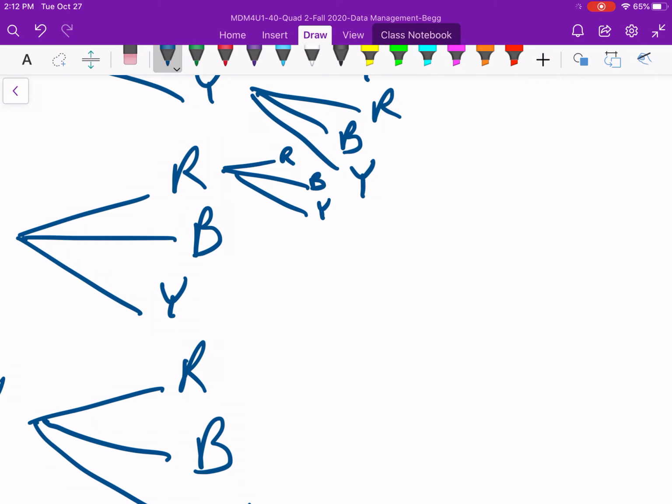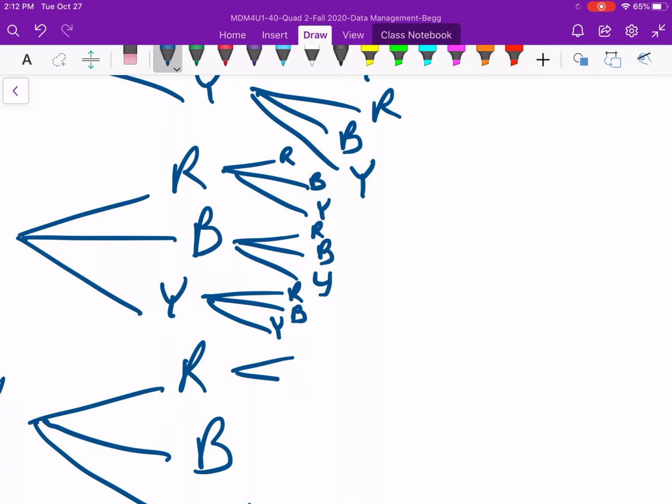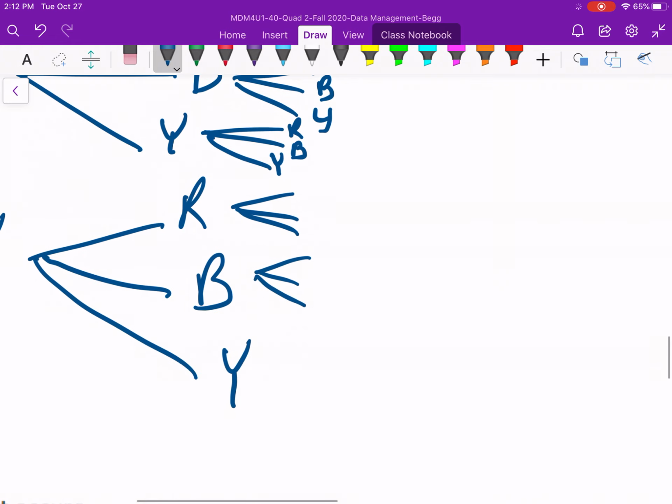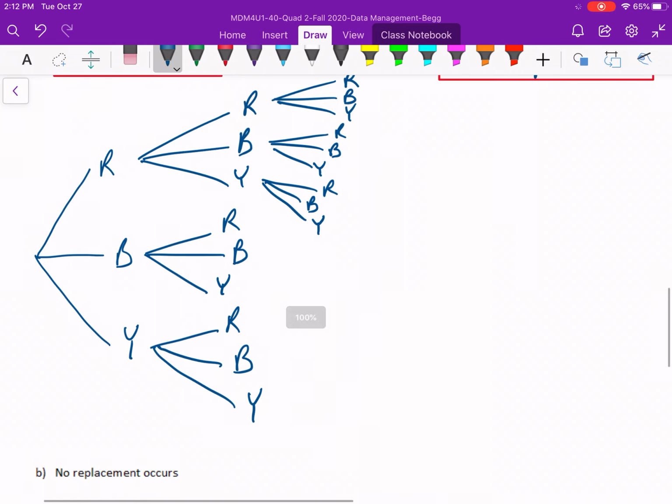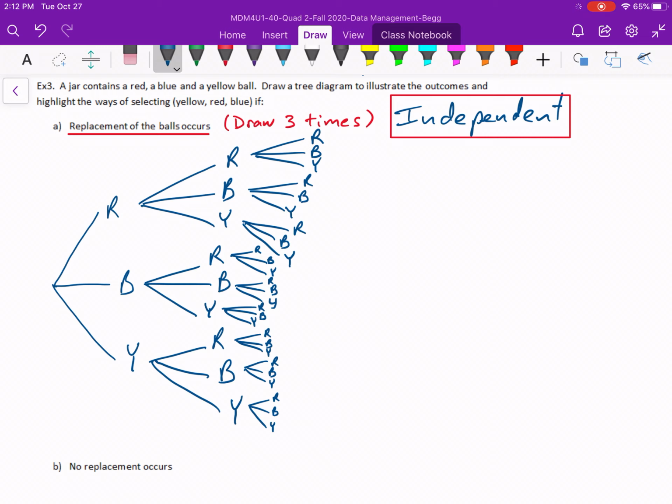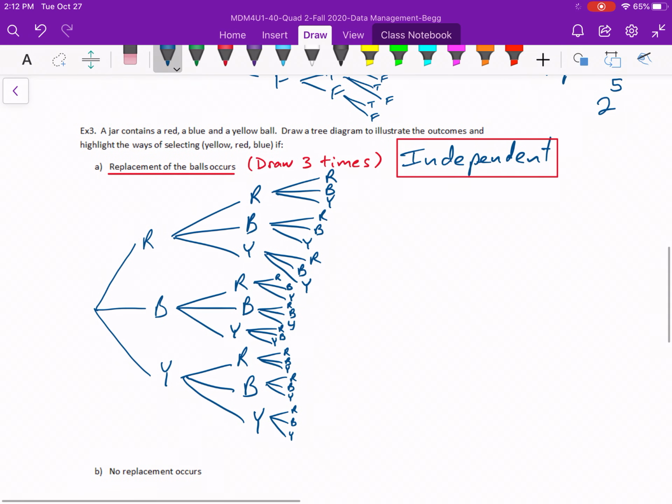Red, blue, yellow, red, blue, yellow, red, blue, yellow. So there's my tree diagram. Again, kind of awkward, kind of long and a pain, but we do have it there, and we can see all the different possibilities.